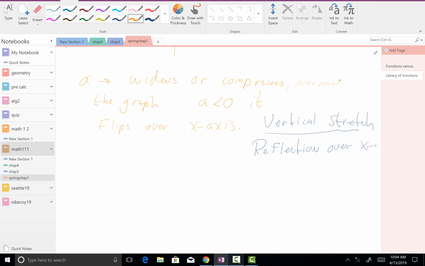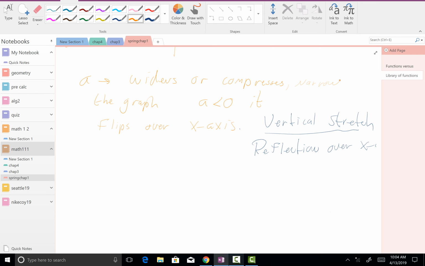The way I was thinking about it is that it's already going infinitely, so you can stretch it. Obviously you're compressing the line inward to make it narrower. The thinking is correct, so I don't want to say it's wrong. I'll just say widens or narrows.